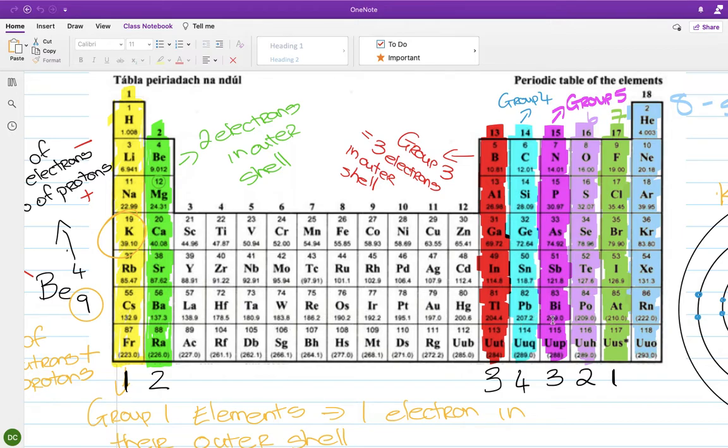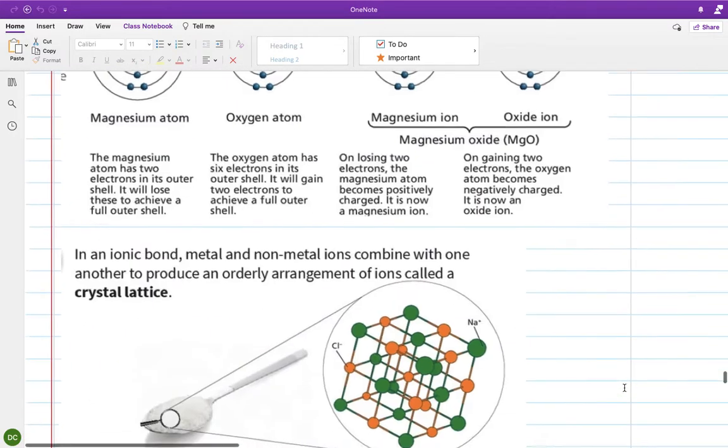Once you get over the hump, group 5 have 5 electrons in their outer shell. So rather than getting rid of 5, they're going to attempt to get an extra 3, so their valency is 3. Group 6, they already have 6, they just need 2, so their valency is 2. And group 7, they have 7, they only require 1, so their valency is 1. So that's how valency works.